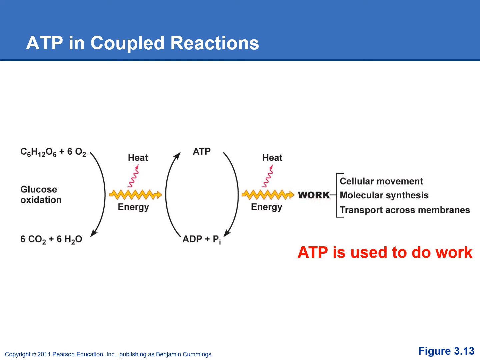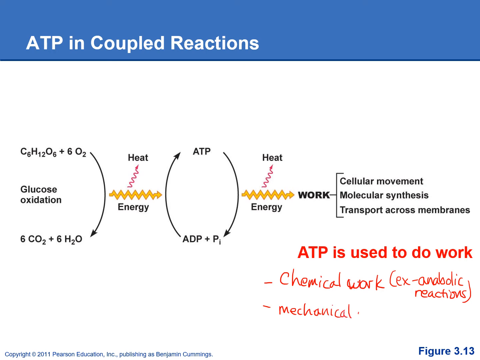There are 3 different types of work that the cell will do. There's chemical work, and the example there would be anabolic reactions. So maybe you're taking amino acids and making a protein. Then we have mechanical work, which would be, for example, contracting muscles.